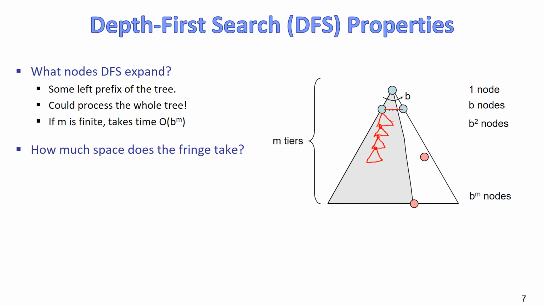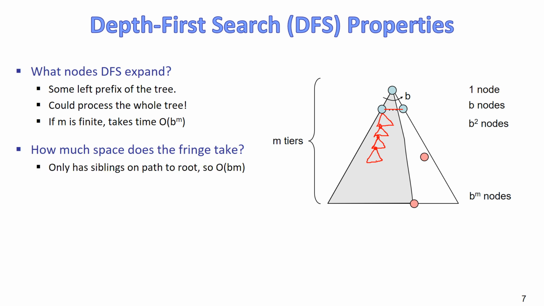Remember, the branching factor is b. So the maximum number of nodes here will be b, here b, b, b, and so on. The worst case is to go to the deepest tier of the tree, which means that we have b in every tier. So the space complexity will be b times m.